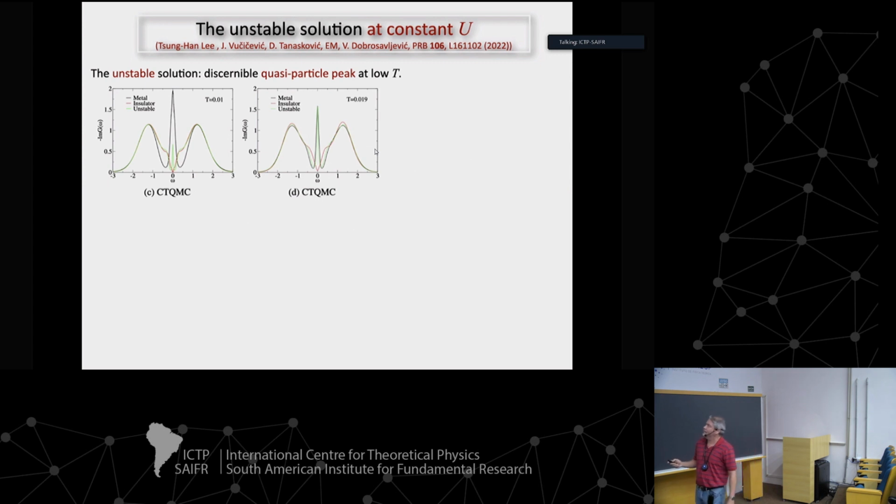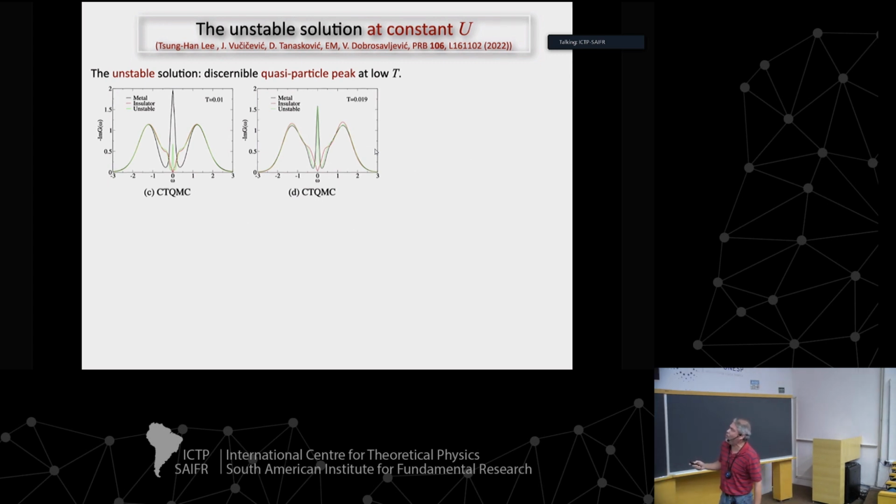And surprisingly, the domain wall also has a quasi-particle peak. Of course, in the insulator, you open a Hubbard gap, but what we see here is that the domain wall matter does have a quasi-particle peak. In both cases, these are different temperatures. You see a small but clear quasi-particle peak in the middle.